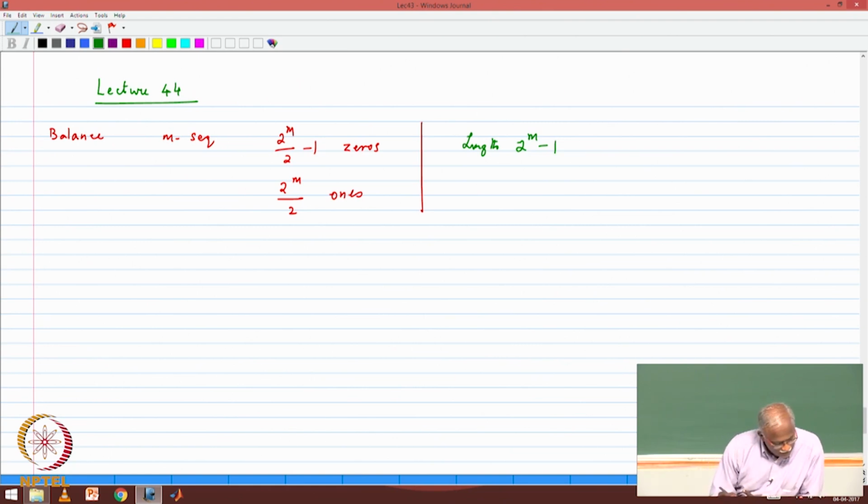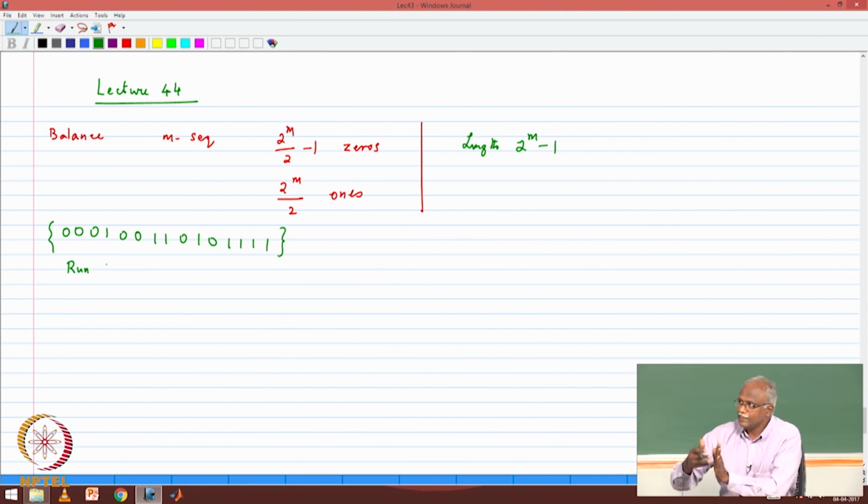Another important property for which we need to refer to the sequence, so let me just write it down: 0 0 0 1 0 0 1 1 0 1 0 1 1 1 1. This is the sequence of length 15, and basically we define something called a run.